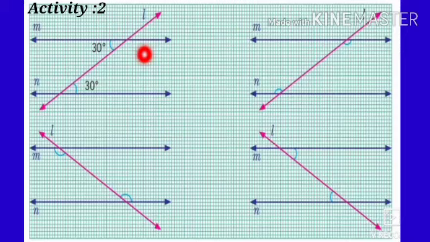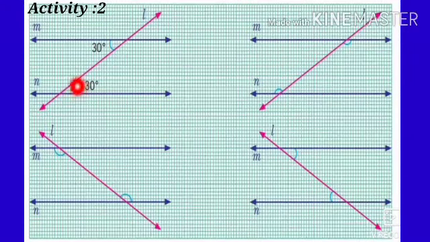Since they are linear pair of angles, their sum is equal to 180 degree. Therefore, when we take this unknown angle as x degree, then x degree plus 30 degree is equal to 180 degree, which gives x degree as 150 degree. That is 180 minus 30 is 150 degree. So here this angle measures 150 degree.